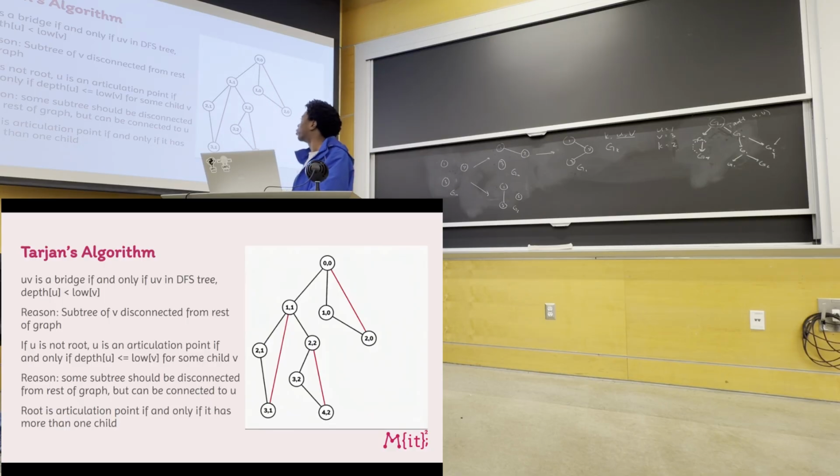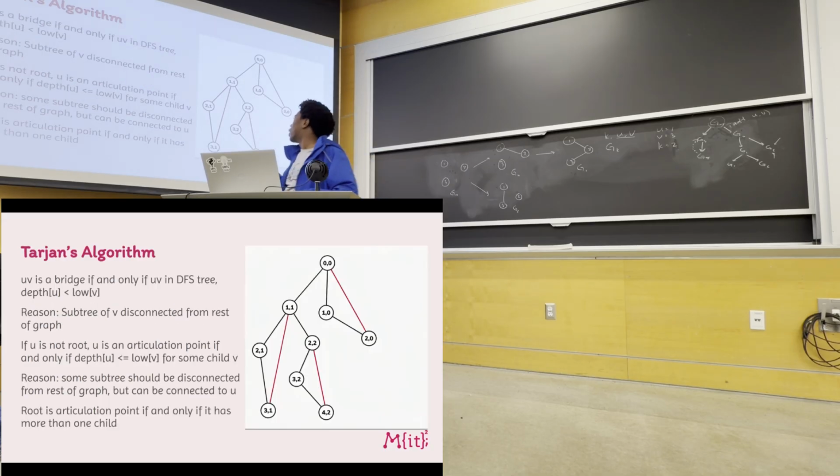So for example, 1 is an articulation point because both of its children here are not able to reach the root behind the first node through any back edges, right? And this is an if and only if condition, and this also holds for the edges as well.